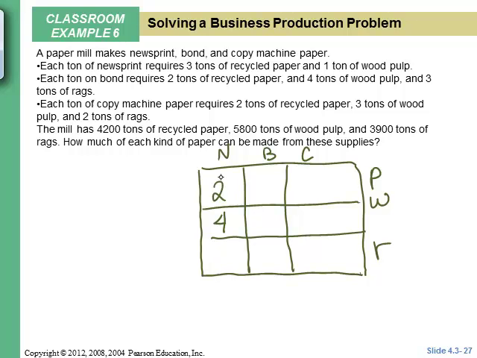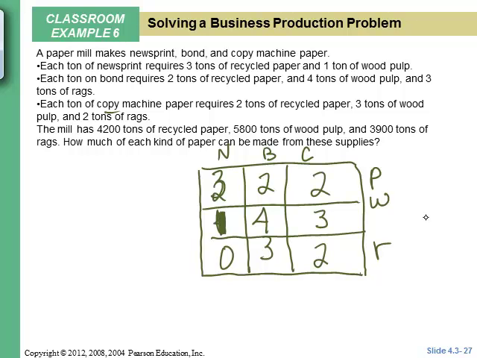Newsprint is 3 tons of recycled paper, 1 ton of wood pulp, and 0 tons of rags. Bond paper is 2 tons of recycled paper, 4 tons of wood pulp, 3 tons of rags. Copy paper is 2 tons of recycled paper, 3 tons of wood pulp, and 2 tons of rags.